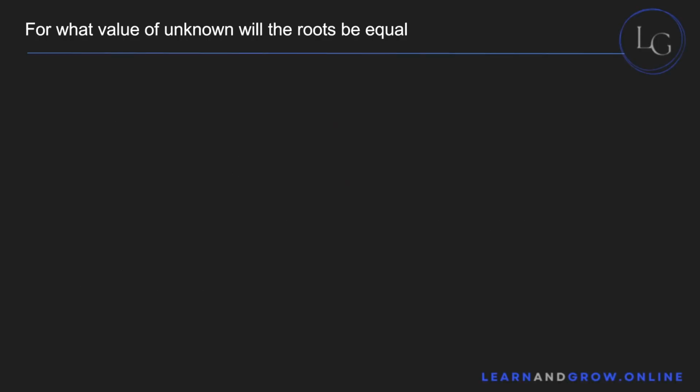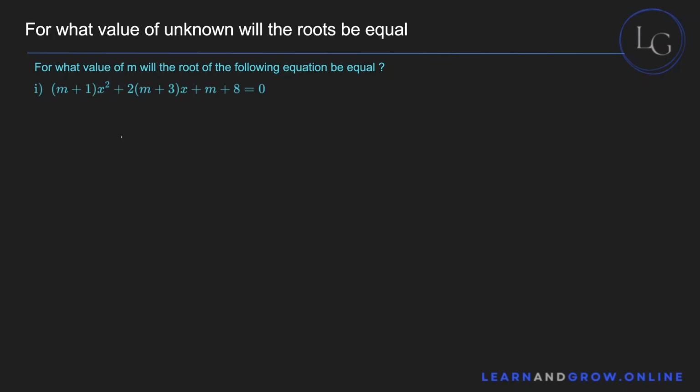Now, for what value of an unknown will the roots be equal? So we have this question. For what value of m will the roots of the following equation be equal? So we have to find the values of m for which the roots of this entire equation will be equal. Now remember that for the roots to be equal, this b square minus 4ac must be equal to 0.